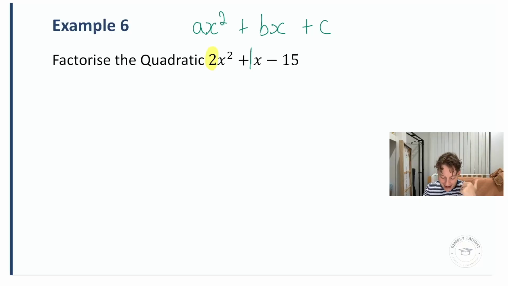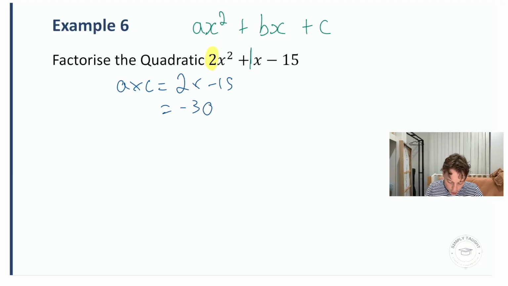Now, why that matters is because the technique I like to use when factorizing non-monic quadratics is the a times c method. So I'm going to multiply my a term, that's 2, by my c term, that is negative 15, and that gives negative 30.